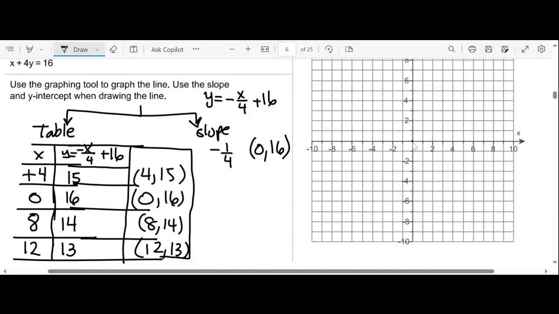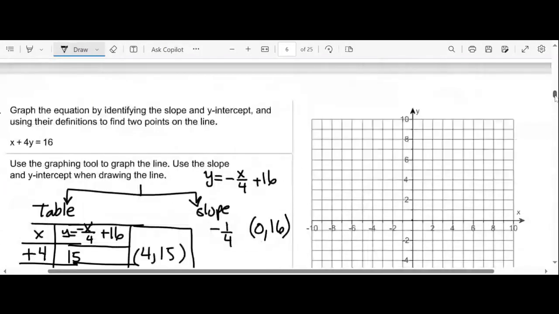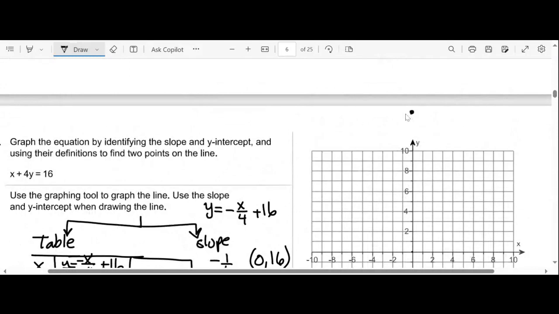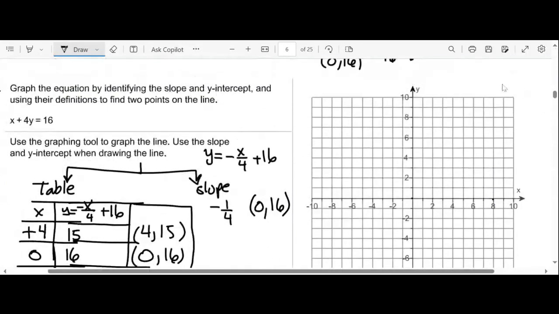0 and 16. So 0 is here, and you go up. Maybe it's going to be somewhere here, 16. Okay? So this point is 0 and 16. The second point is 8 and 14.